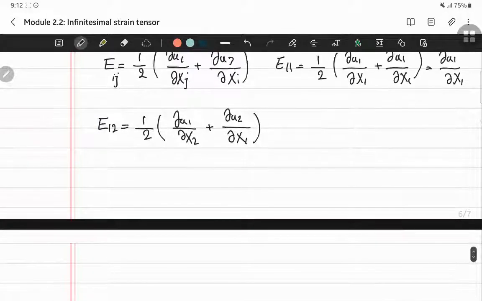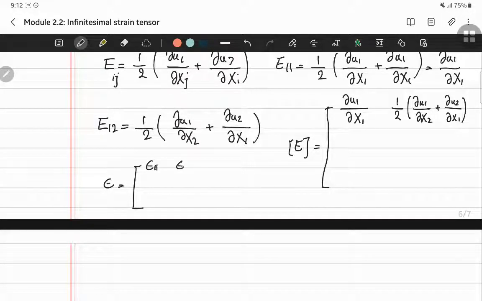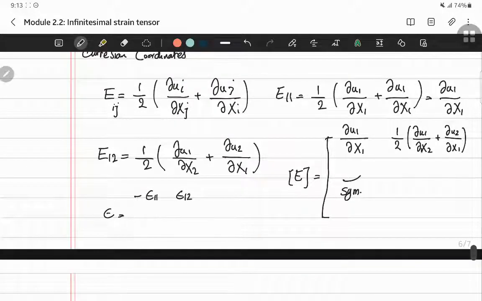So if I put this into a tensor, I have the partial derivative of u1 with respect to x1, which was the same as, if you remember, epsilon 11, which was this one. And then I have half of partial derivative of u1 with respect to x2 plus u2 with respect to x1. This was nothing but epsilon 12. So basically we have this also in here because we have a symmetric tensor here. So E is a symmetric tensor.